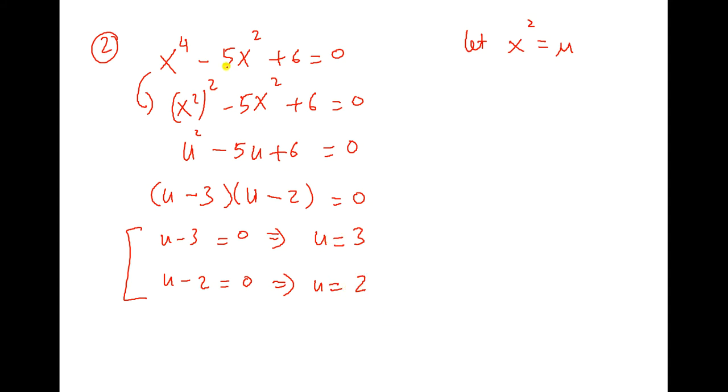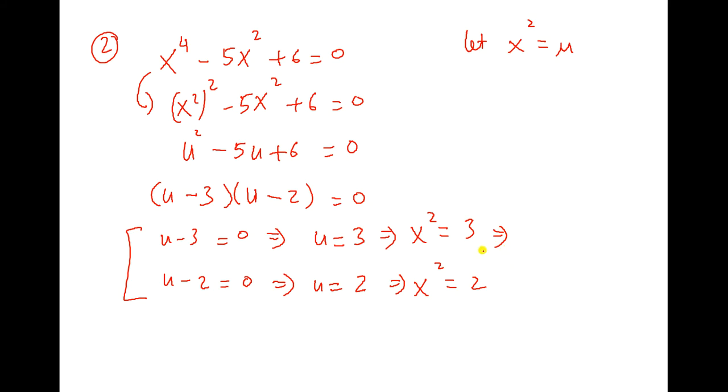But remember, originally we are trying to solve for x, not u. Once you get the value of u, let's substitute u equals x squared back here. So u is x squared, so x squared equals 3. The same thing here, u is also x squared, so x squared equals 2.